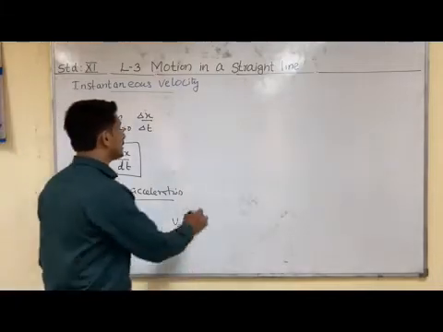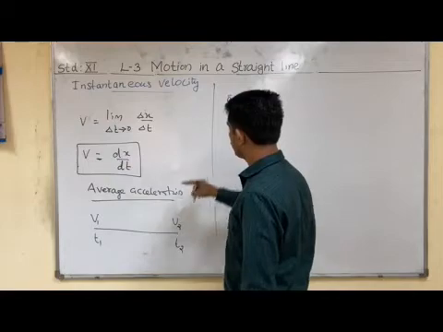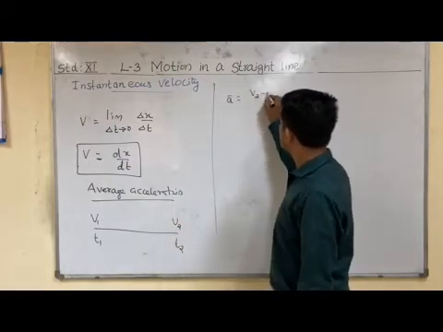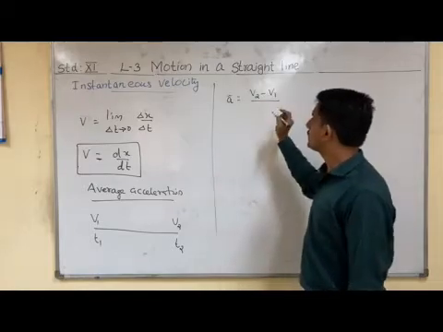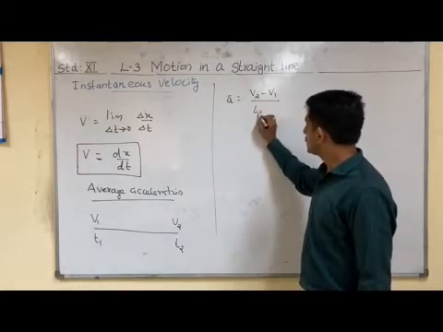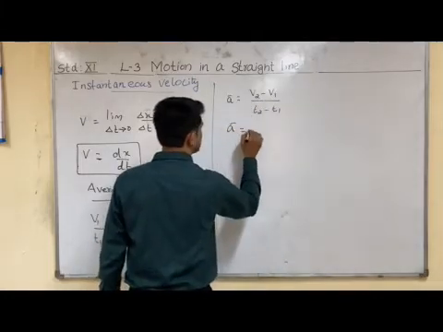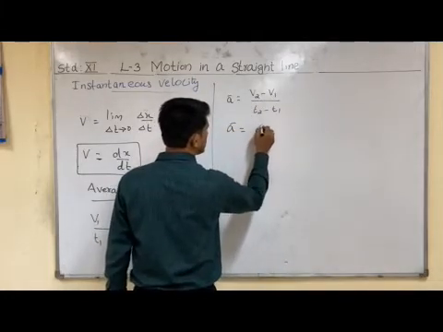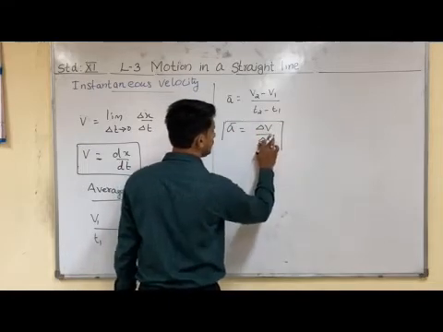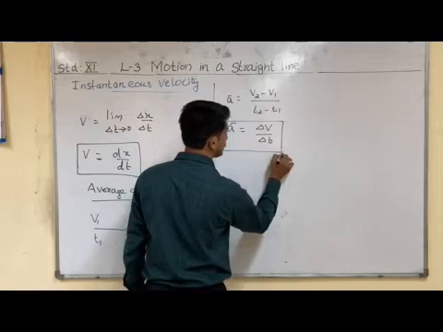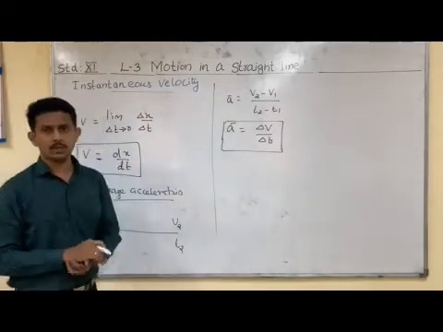In this case, the average acceleration is given by the change of velocity divided by time, that is v2 minus v1 divided by t2 minus t1. So average acceleration is equal to delta v divided by delta t. This is the expression for the average acceleration of this object.